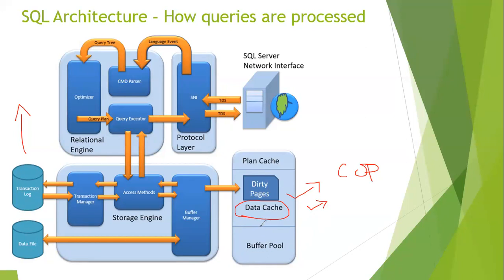If something happened to this server now, is there a way to get the inactive portion of this data cache, if the checkpoint has not been issued? Okay, so the checkpoint has not been issued, and you want to see the inactive portion of the data cache. No, the inactive portion of the data cache you cannot check.